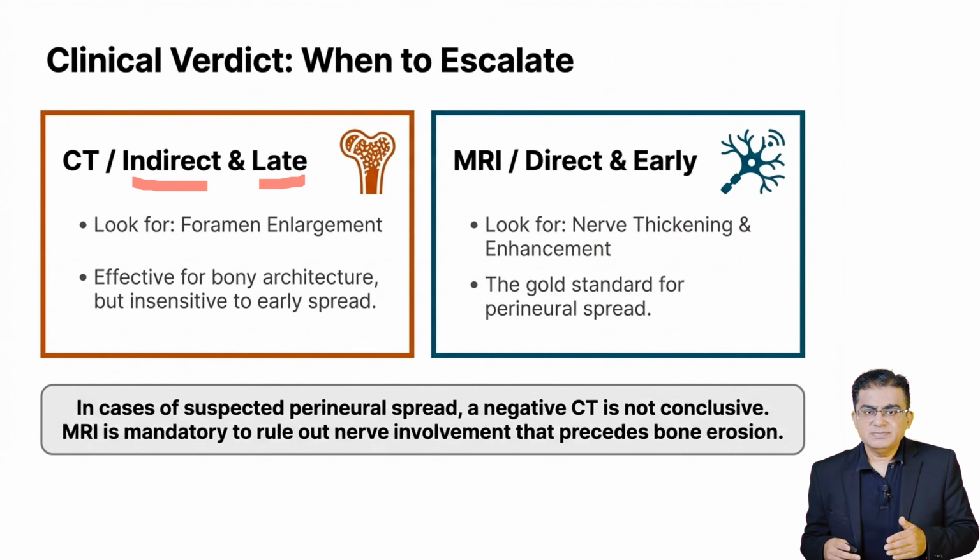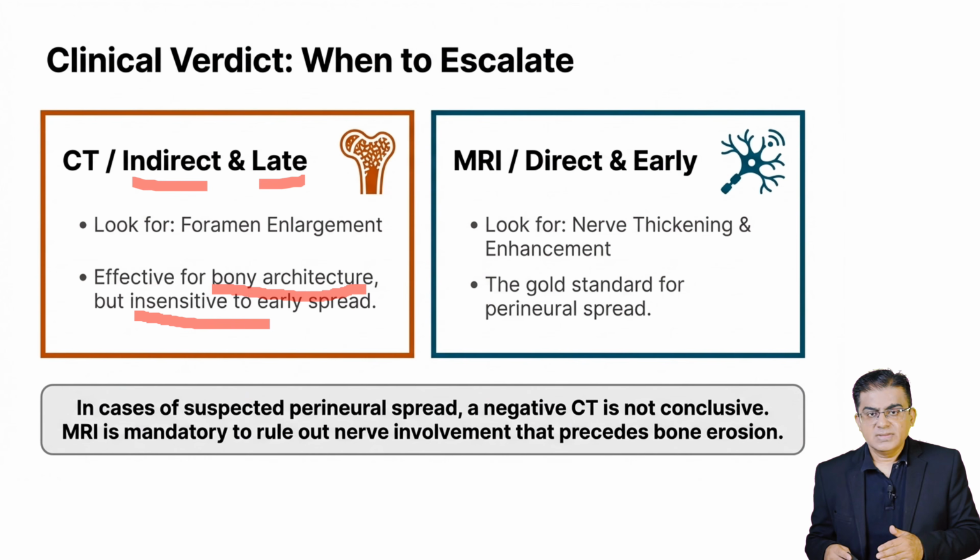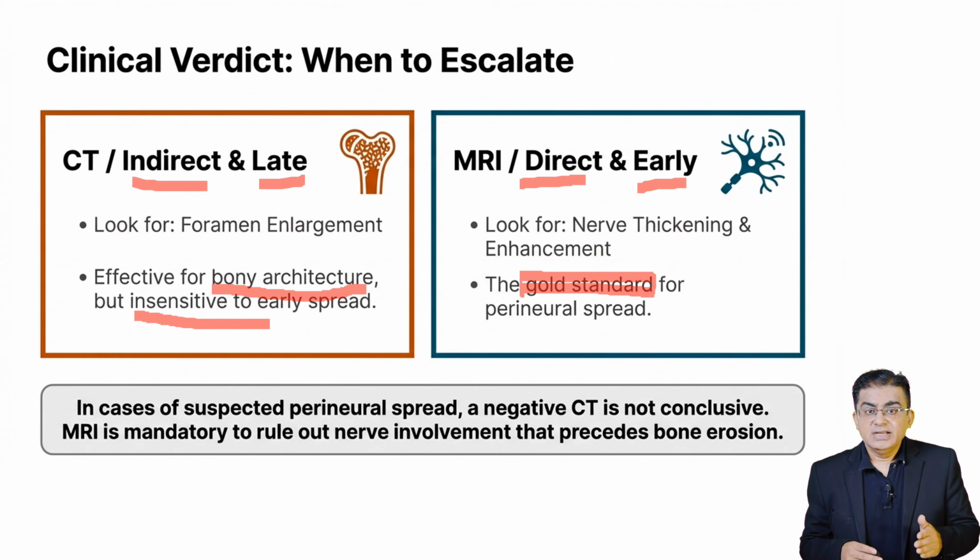Yes, a CT scan is fantastic if you want to look at gross bony architecture, but it is completely insensitive to early perineural spread. MRI is direct and it is early. It is the absolute gold standard for tracking perineural spread because you are not waiting for bone to remodel. You are looking directly at nerve thickening and abnormal enhancement.